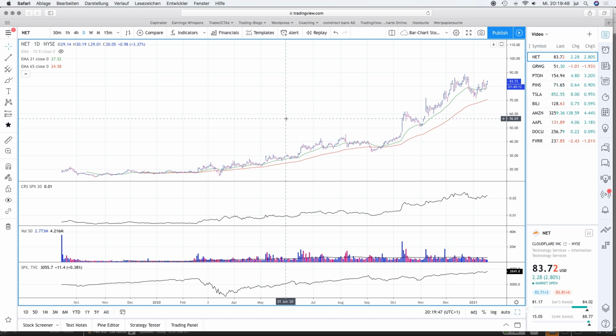One of the first ingredients for a better performance is to trade stocks which are able to outperform the S&P 500. You can also take the Nasdaq, for example, or the IWM, the Russell 2000, if you want to, but I personally compare it to a broader range of stocks, and the S&P 500 is the index I use.